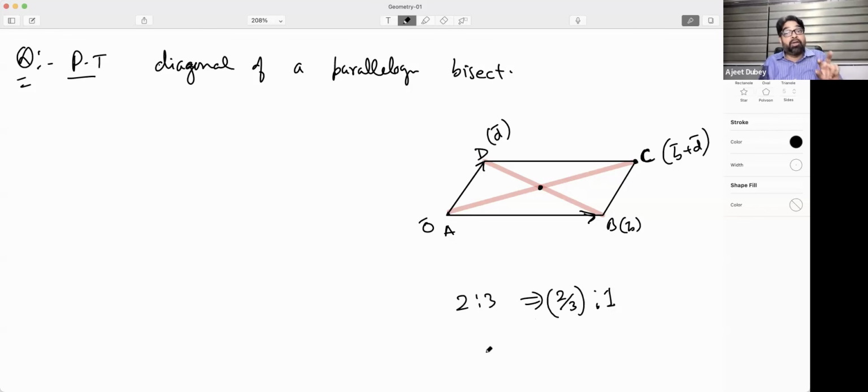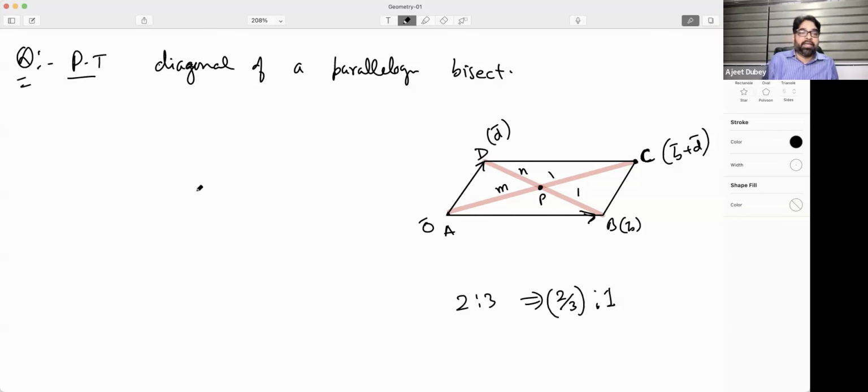Why so? Because the unknown will be only one. I do not know the ratio; I have to get this ratio. I have to prove that it bisects, so for that I need the ratio. I am assuming this ratio m:1, and this ratio, let's say n:1. Everybody understood?